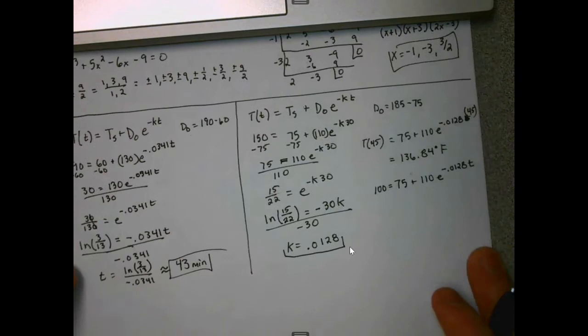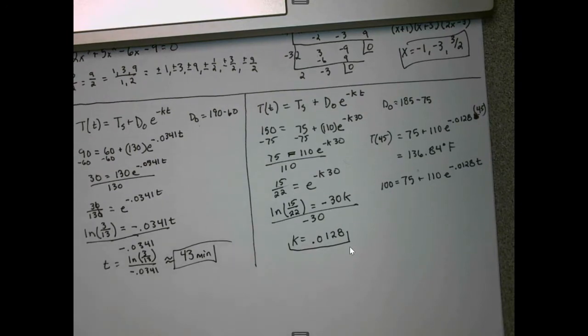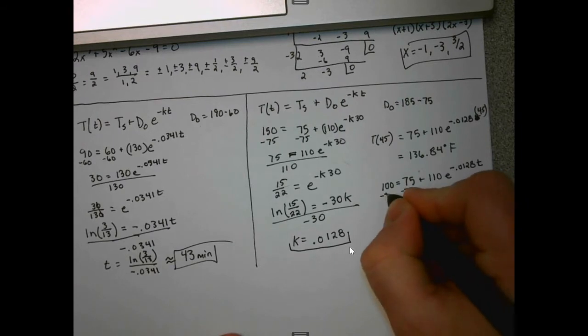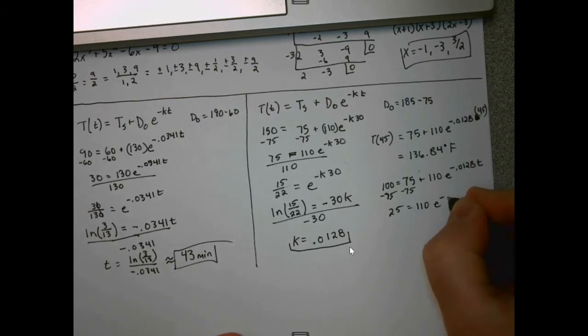It's going from 185 down to 100 degrees. How long will it take? And it says how many hours. So we're going to get minutes, so then we need to translate that to hours. So we're going to subtract 75. So it's 25 equals 110 e to the minus 0.0128 t.